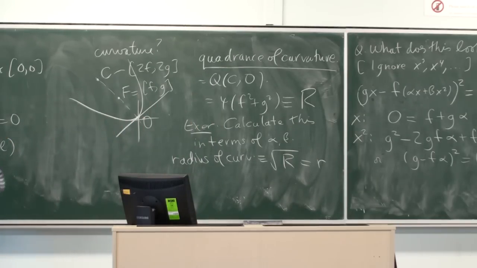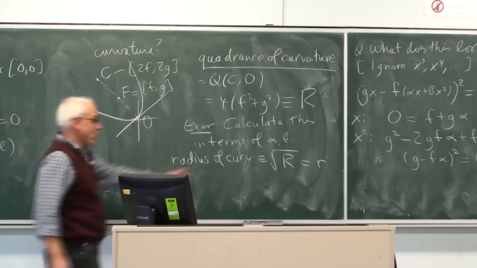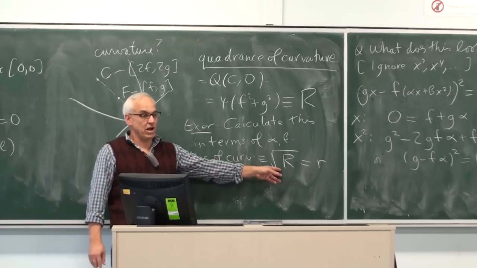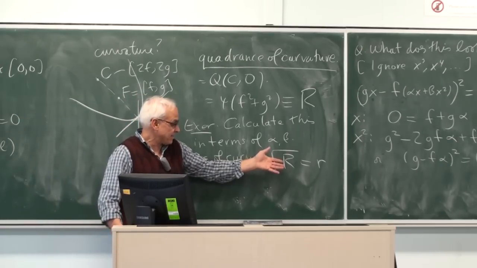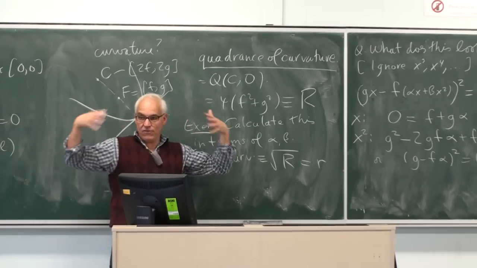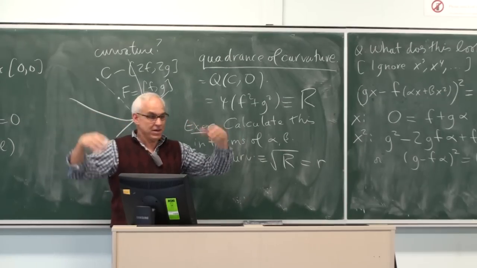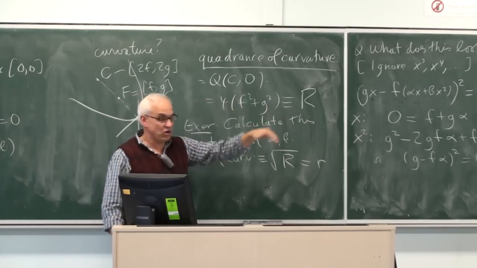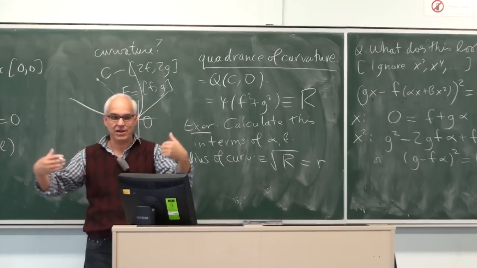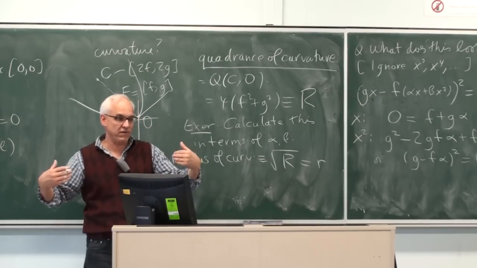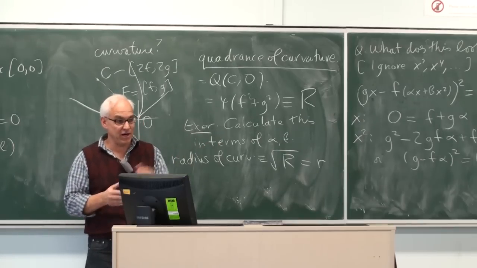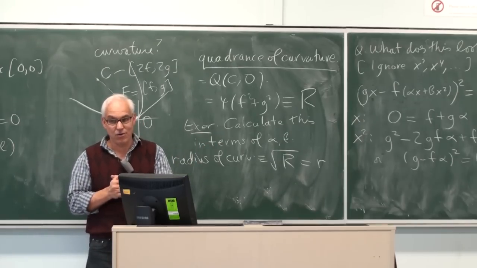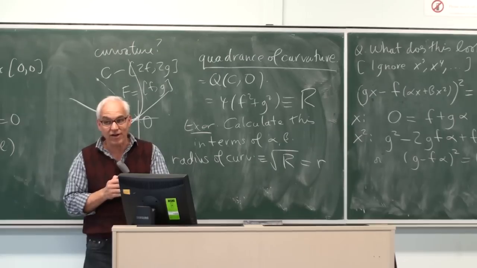But for a general parabola, this square root may not be inside the rational numbers or whatever field we're working over. This is a transcendental thing that's taking us outside of whatever field we're in. With this quadrance of curvature, we're just right still in the algebraic framework of whatever field we're working over, which could even be a finite field.